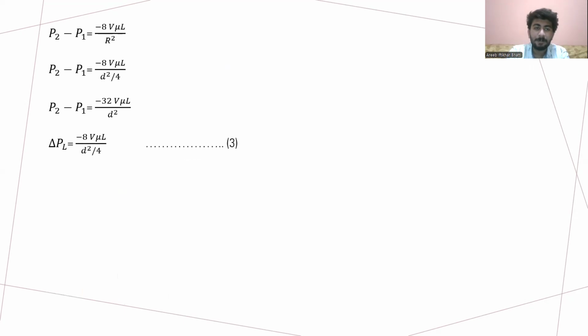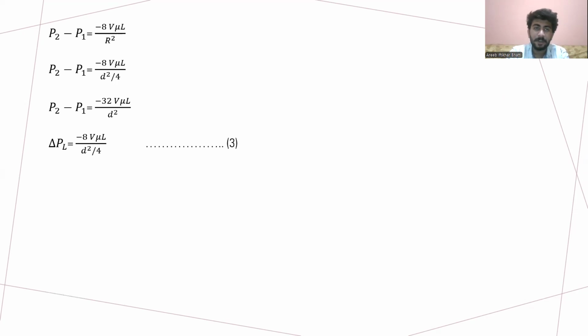You see, our goal is to find the change in pressure. So P2 minus P1 is equal to minus 8 multiplied by velocity multiplied by mu multiplied by L over the square of the radius. You can also write the radius in terms of diameter.